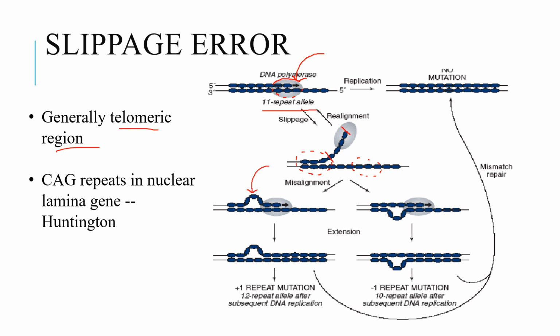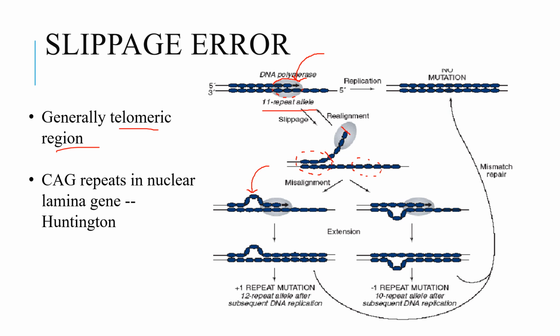loop formation. Why is there a loop formation? Because when the DNA polymerase falls down or is loaded back, at that time it may get confused about where to bind, because the telomeric region has repetitive sequences, and in that case the DNA polymerase gets bound at the back.